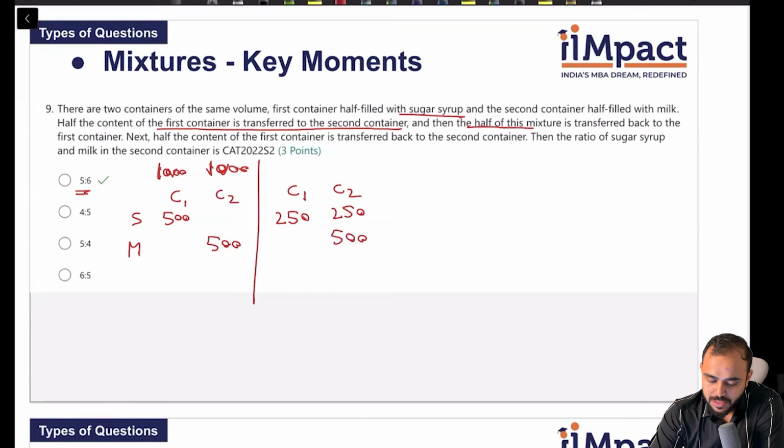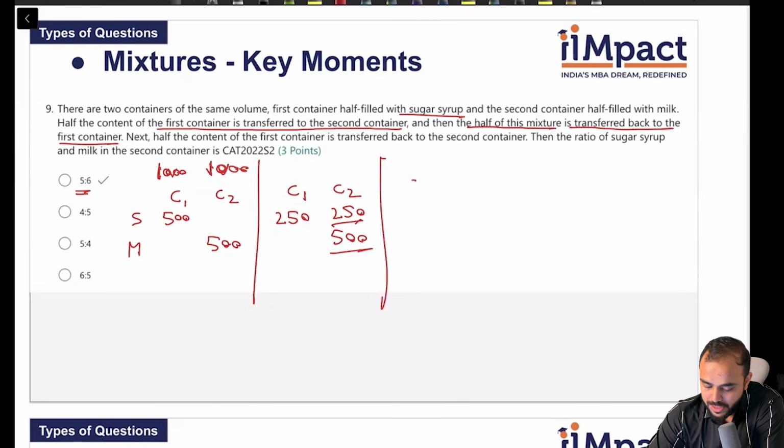Then half of this mixture is transferred back to the first container. Now because you are transferring half, because they have not said that 100 grams has been transferred or 200 grams has been transferred, they have given you the ratio of what has been transferred, this half will be half of this and half of this. This half will be taken from both.